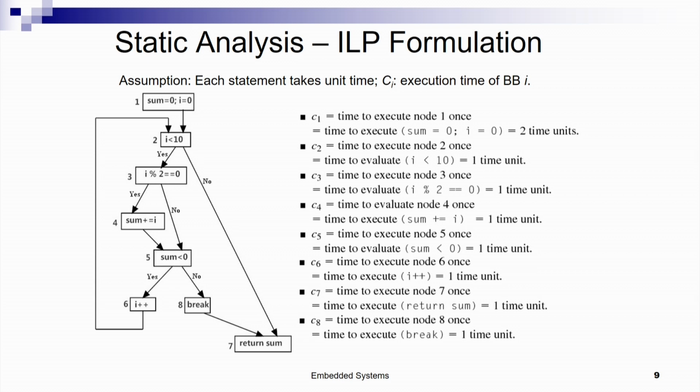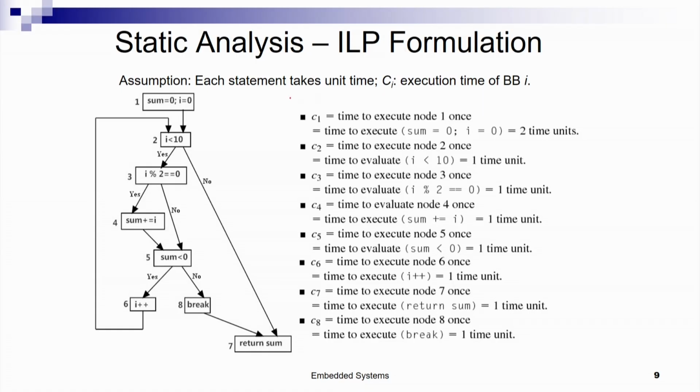So, in an ILP based formulation, we start with the control flow graph. We first analyze the execution time of each basic block. In calculating the execution time of each basic block, we assume that each statement takes 1 unit of time.